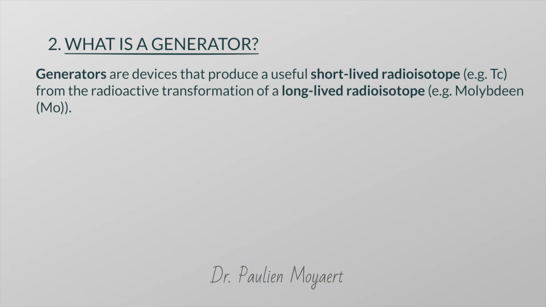Generators are devices that produce a useful short-lived radioisotope, also known as the daughter, from the radioactive transformation of a long-lived radioisotope, also known as the parent. Molybdenum, the parent, has a half-life of 66 hours and can easily be transported over long distances without serious loss of activity.